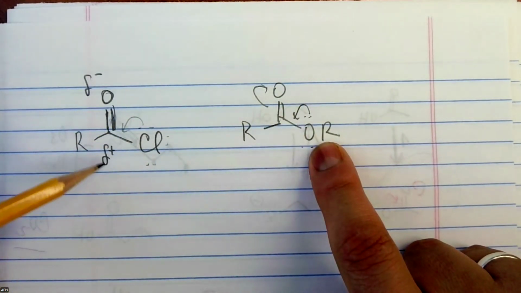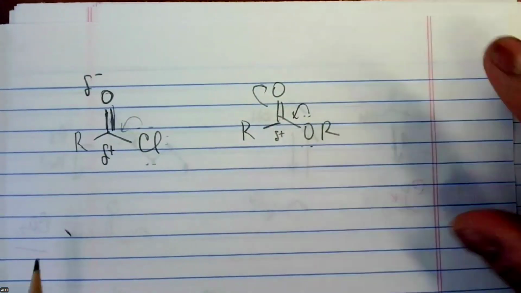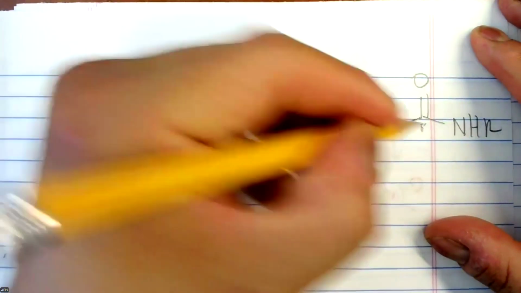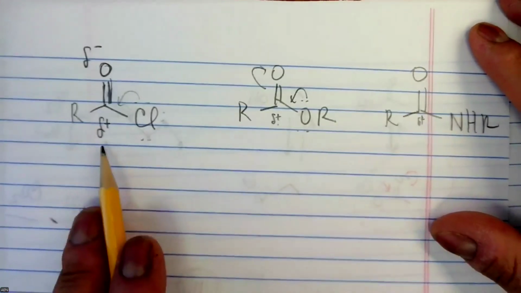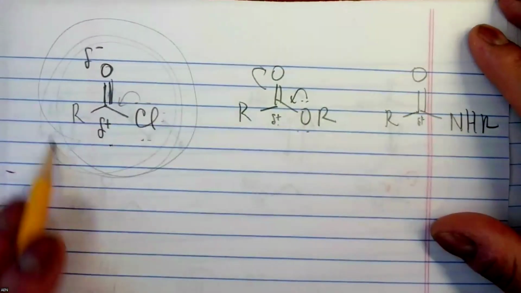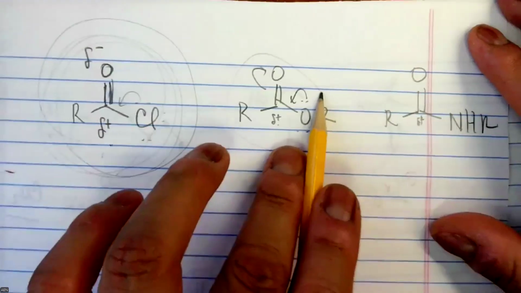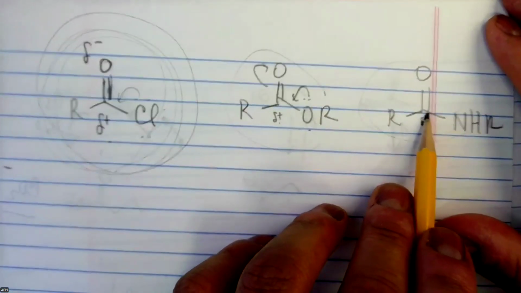So in the chlorine case it will be a delta plus, whereas in an ester it will be way smaller. In an amide, it's even less. So this is why the halides are more reactive than the esters, and the esters are more reactive than the amides. It's because of the delta plus.